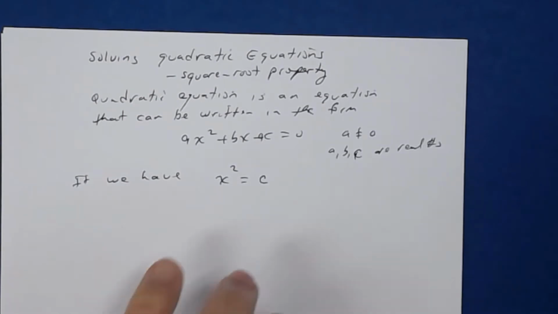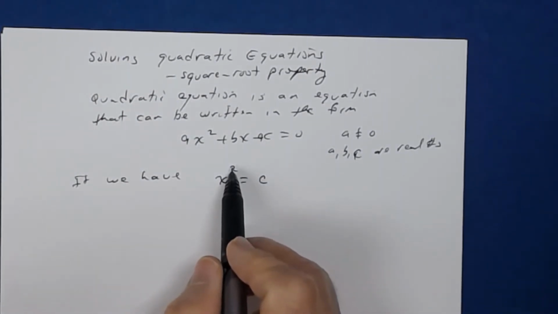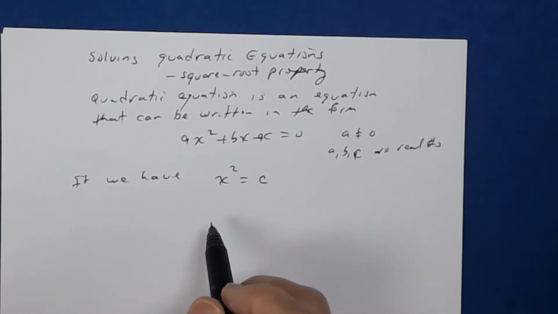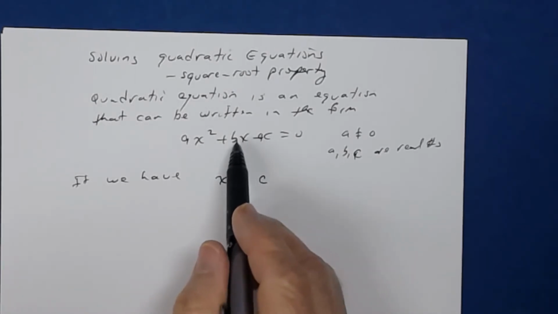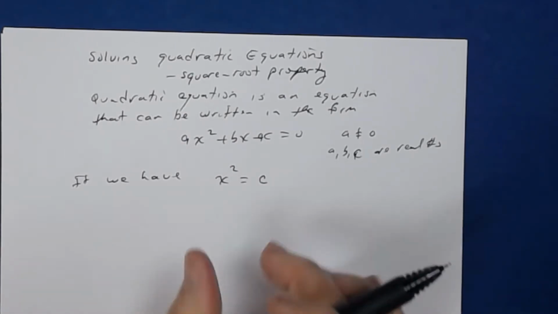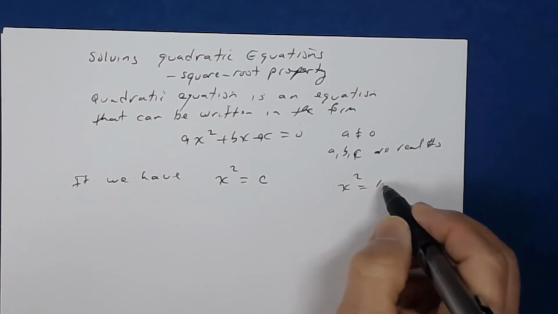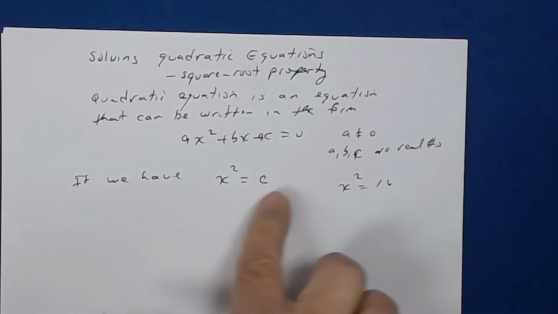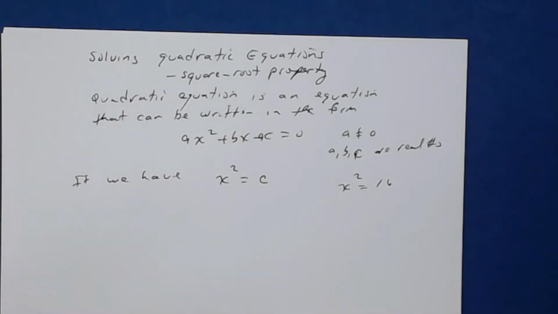It's still quadratic because the largest exponent you see is 2. This is a constant, so notice that the x term is missing. An example like this would be x squared equals 16.